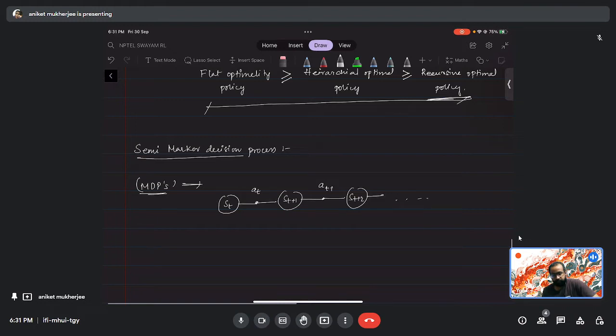This is an MDP, where you have the probability transition matrix, the transition probabilities P(S' | S, A), and your rewards are expected, or you get the reward R_{t+1}, with expected reward R_t given S_t, A.